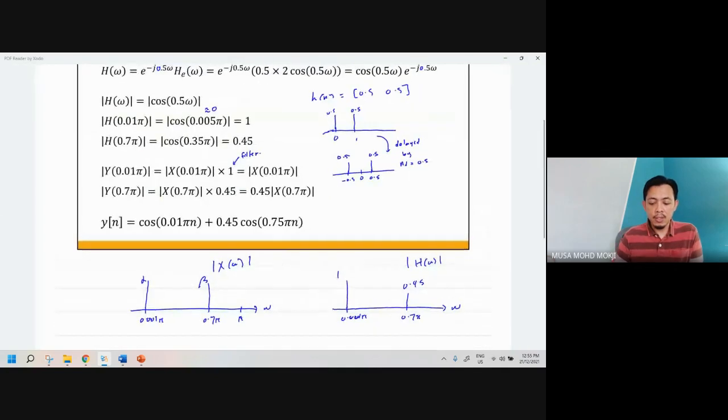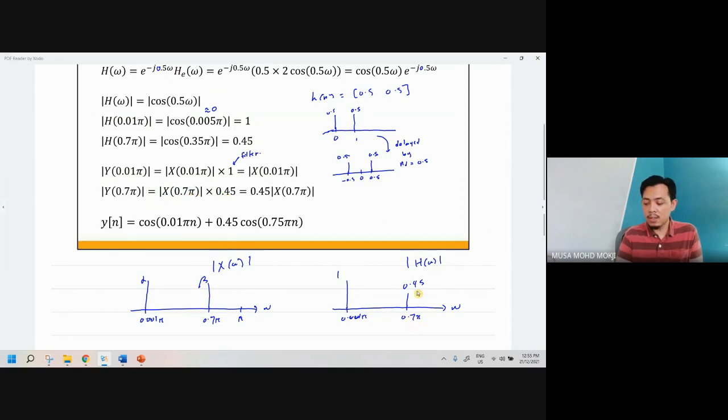So this is written here. Y at 0.01 pi is equal to X at 0.01 pi multiplied by 1. So at this frequency it is exactly equal to the input signal, because we multiply by 1. And at 0.7, we look at the frequency of the input signal at 0.7 and then multiply by 0.45.